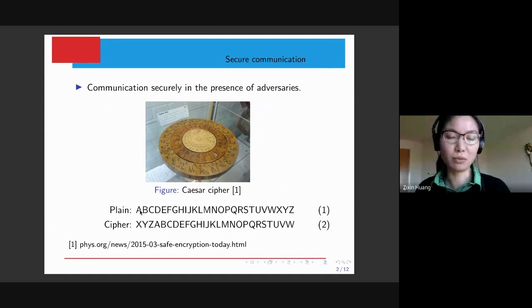For example, an example given here is that you would shift the alphabet a couple of places down the road. So an A becomes an X, a B becomes Y, and so on and so forth. This is pretty easy to decrypt for modern computers, because if you're only sliding your text along, it means that there are only 25 different combinations to try before you can break the text.